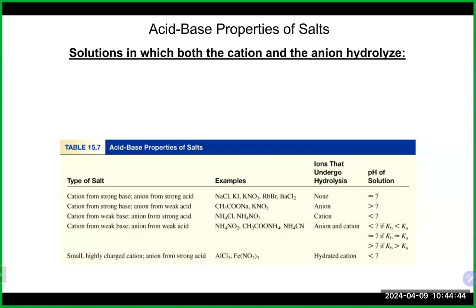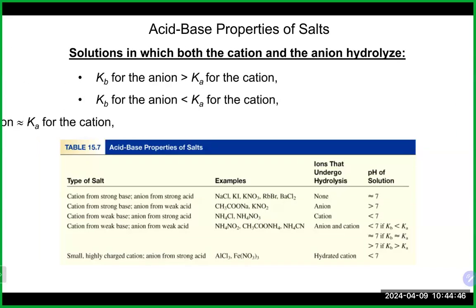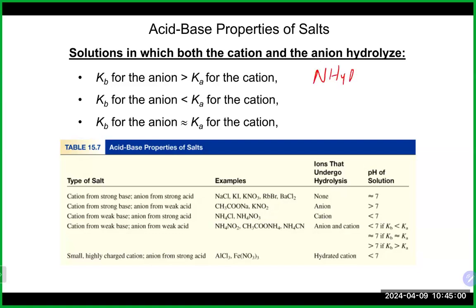Now, up until this point, we really looked at salts where only one part of the salt went through hydrolysis. And it is possible that both parts of the salt could go through hydrolysis. For example, if you had something like ammonium nitrite, that is NH4 plus and NO2 minus.